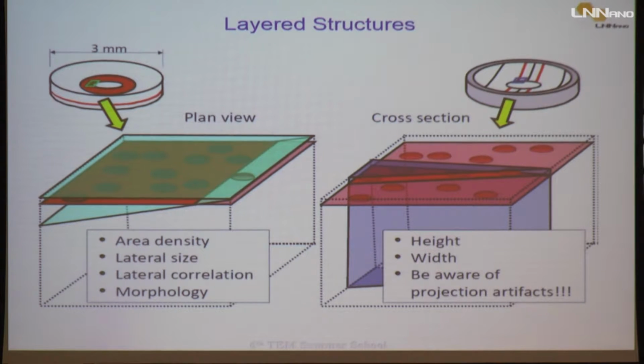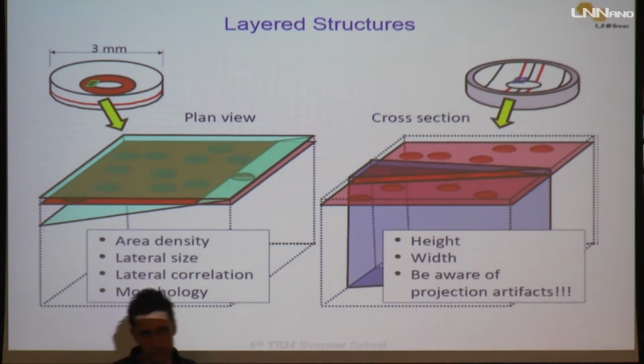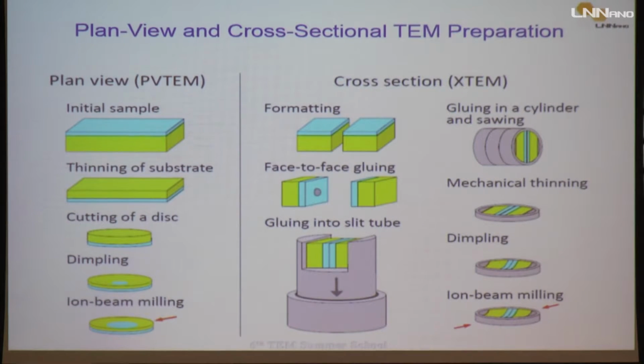If you have these distributed, if you look this way, you may have quantum dots superimposed, okay? Well, then I will show some strategy on how to cut the material to have information about this.